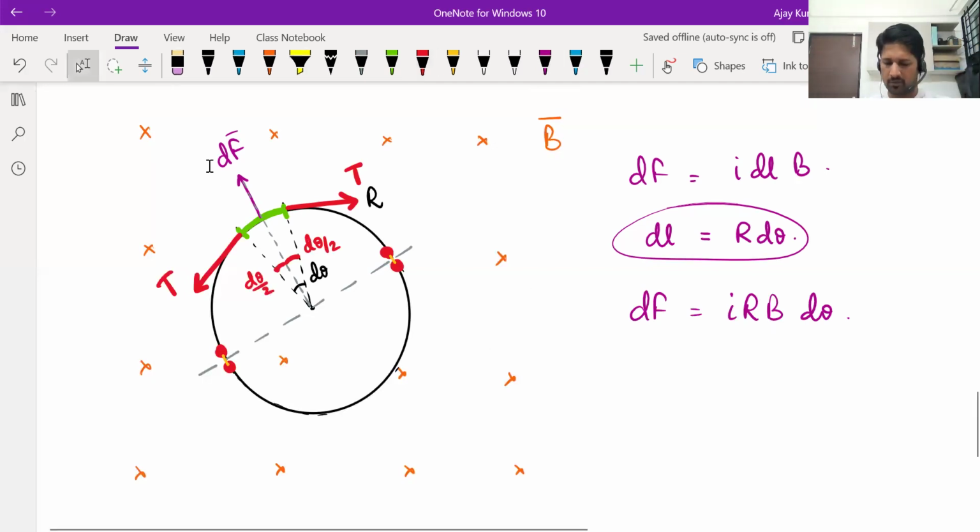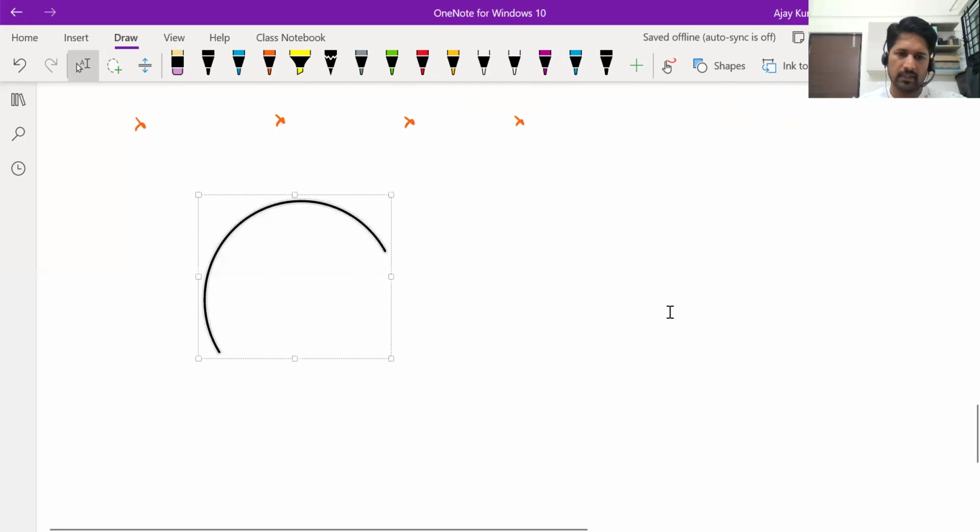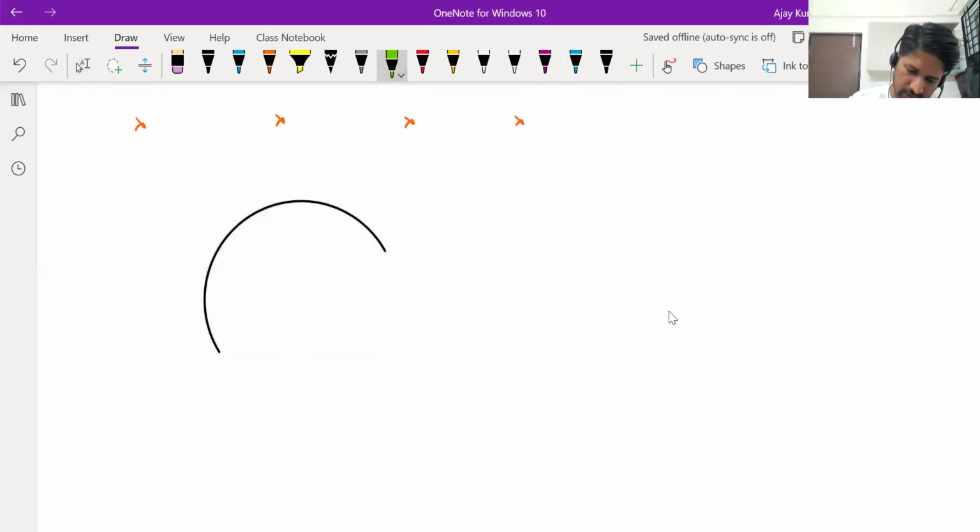Why are we bothered about those angles? Again, consider the element. I'll just enlarge this for you to understand. Let's say this is the element. Join the ends of the element to the center of the circle. There's one force. Let's visualize the line of symmetry also. This angle is d theta by 2.